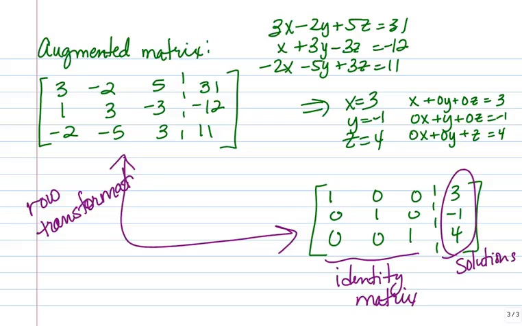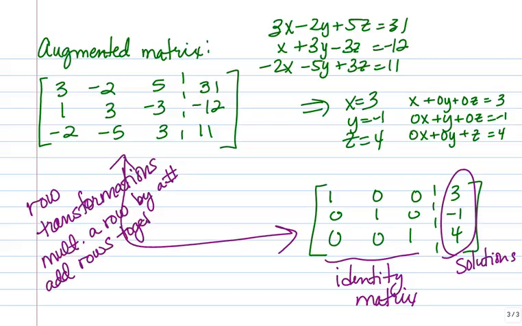And the things that are legitimate are the things that we did when we were solving it by hand. That is, you can multiply a row by a number, you can add rows together, or you can add multiples of rows, and you can also swap rows.